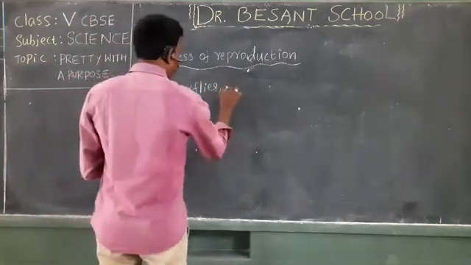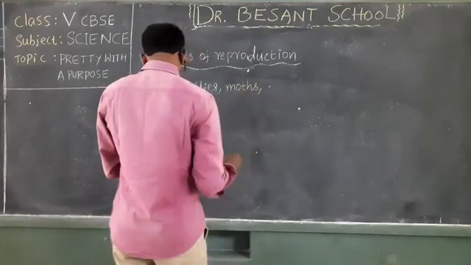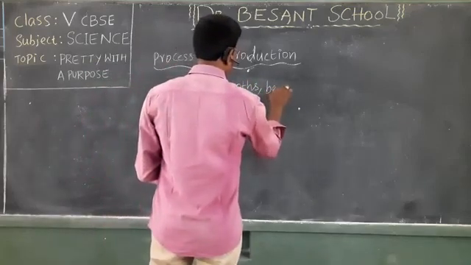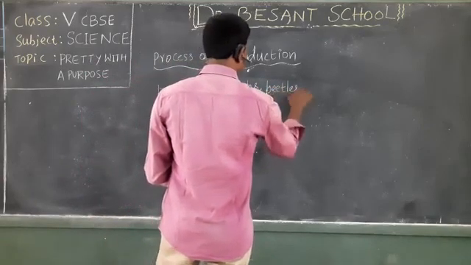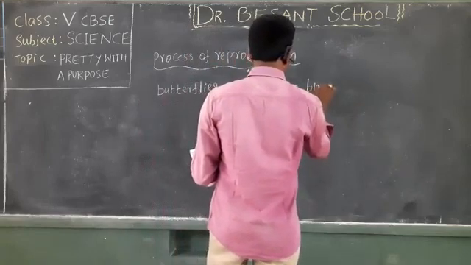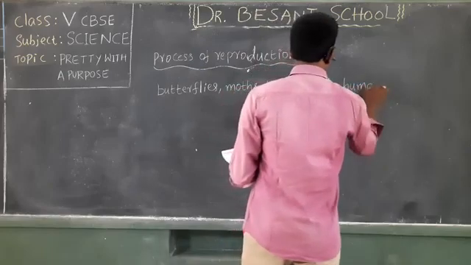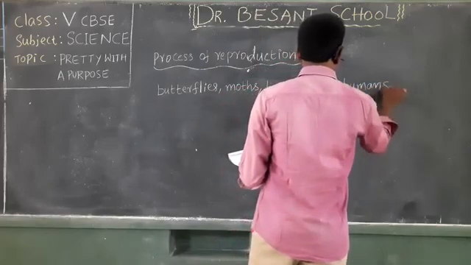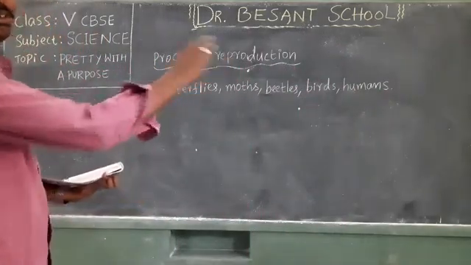Both we can write. Moths, good pollinators. Beetles. And you can also write birds. And humans. You can also add humans to this list. If you want, you can add some more words.